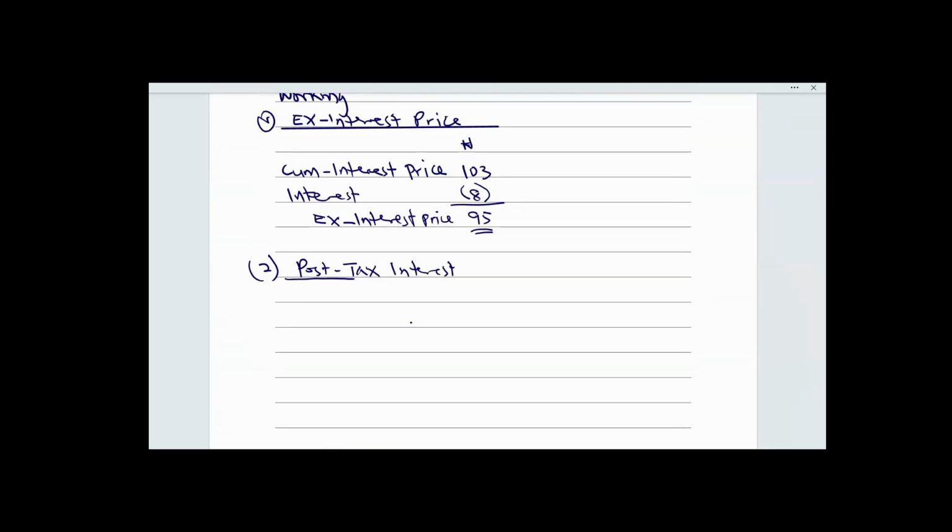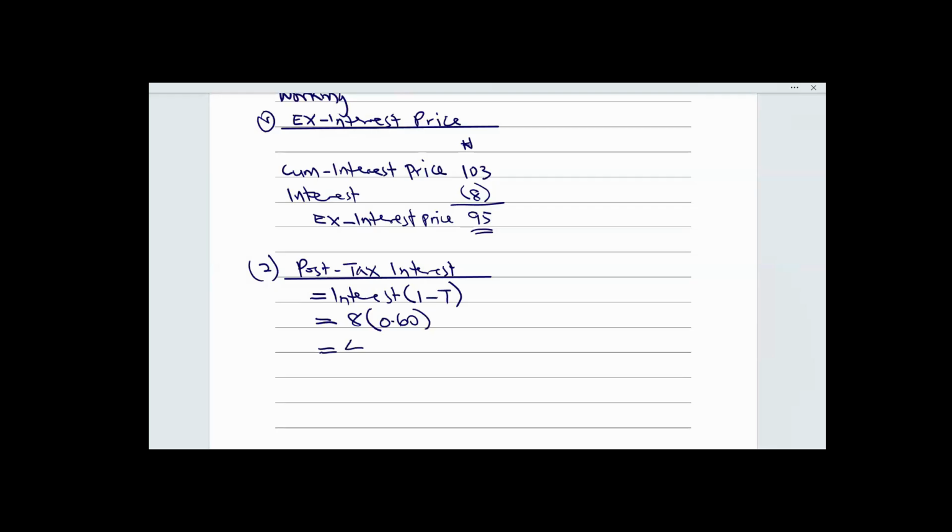The post-tax interest is computed as interest multiplied by 1 minus tax. Anytime you are given tax rates, when you are calculating cost of debt, you must adjust for tax on your interest. So here will then be equal to 8. Tax rate is 40%. 1 minus 40% will give us 60%.